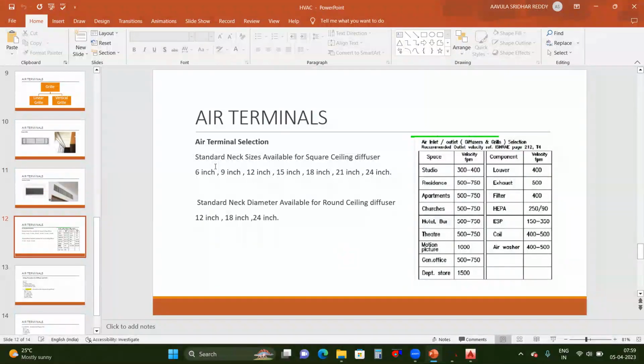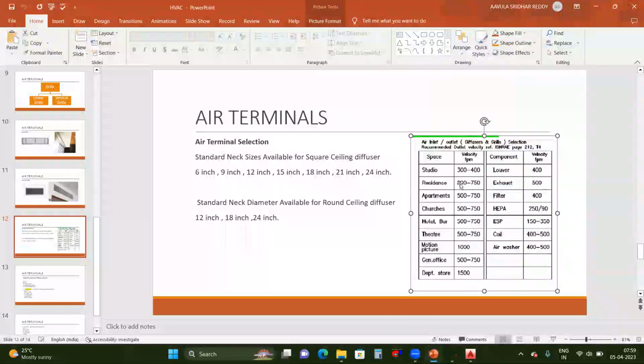So we will see the air terminal selection. This is the standard sheet that we get from the ASHRAE handbook. In this we have the application spaces, whether the space is used for apartment, church, residence, hotel, theater, motion picture, general office, or departmental stores.